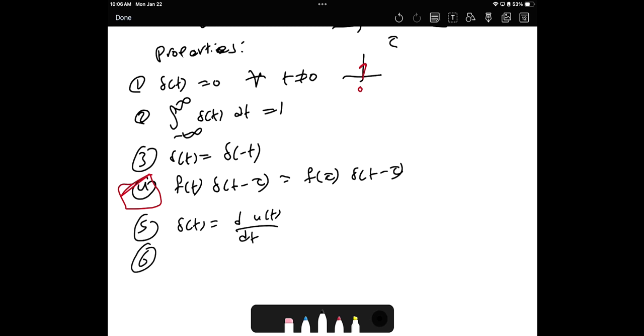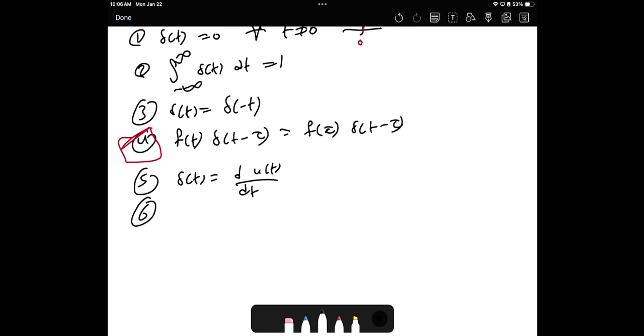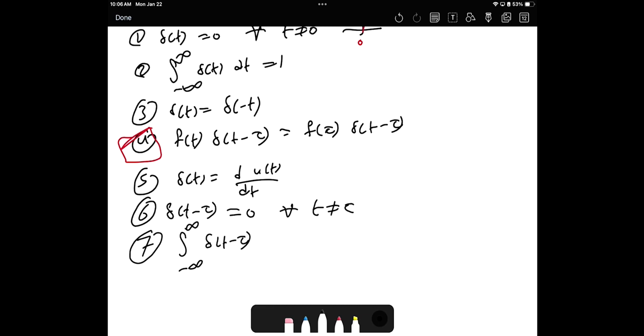Property number 6: delta of t minus tau equals 0 for all t not equal to tau. Then property number 7: the integral between negative infinity and infinity of delta of t minus tau dt equals 1, which is the same as for delta of t, but now delta of t minus tau.